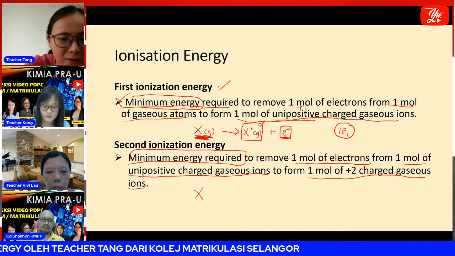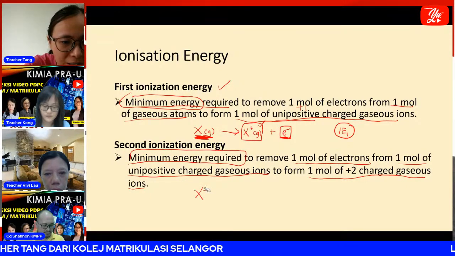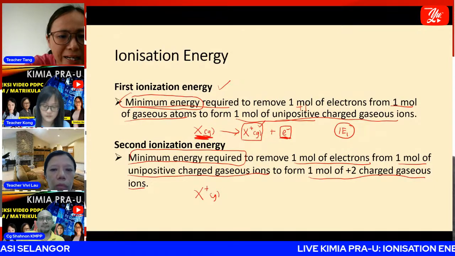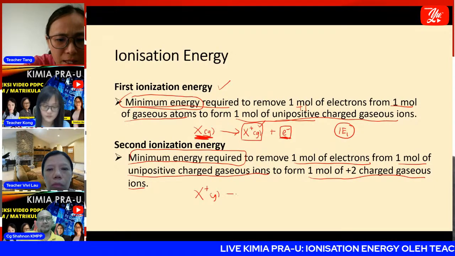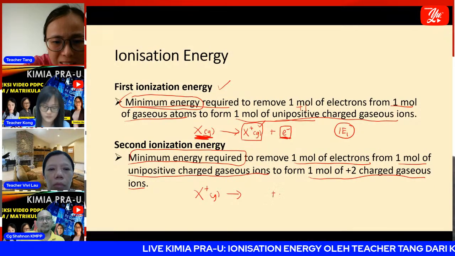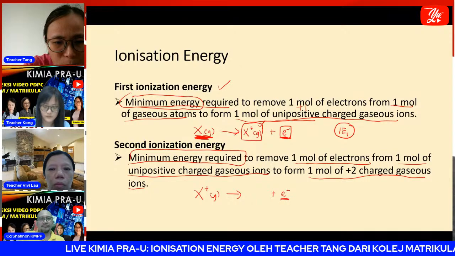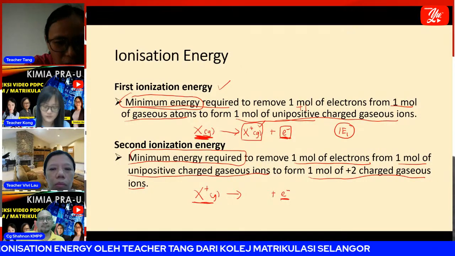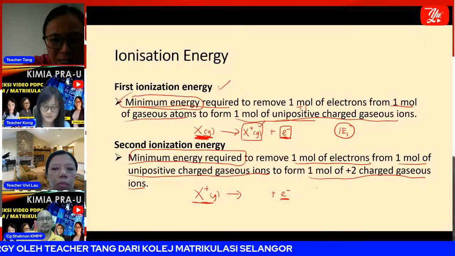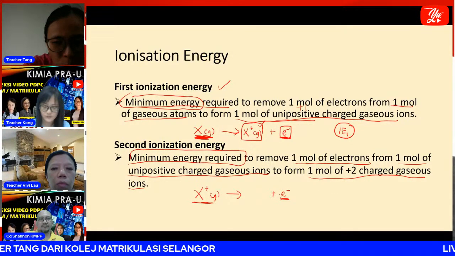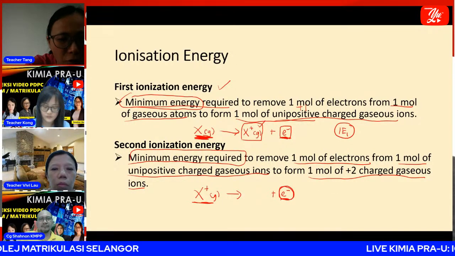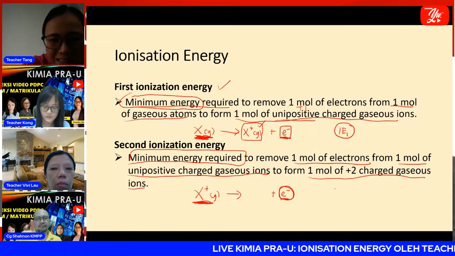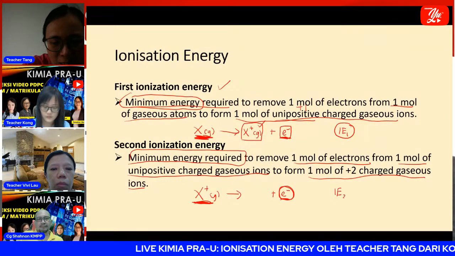In second ionization energy, another 1 mole of electrons is removed from this positive 1 gaseous ion. The energy needed to remove this 1 mole of electrons from this 1 mole of positive 1 gaseous ion is what we call the second ionization energy.